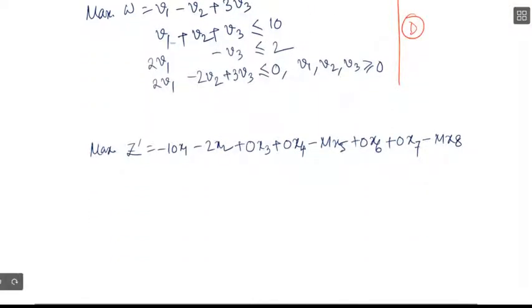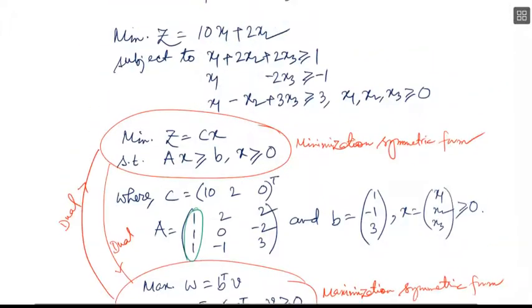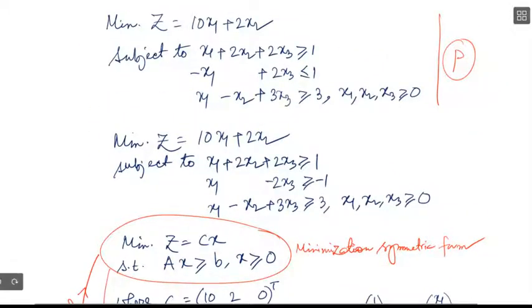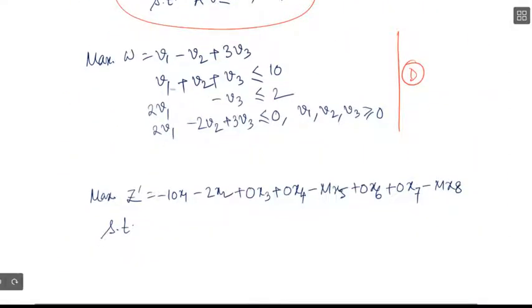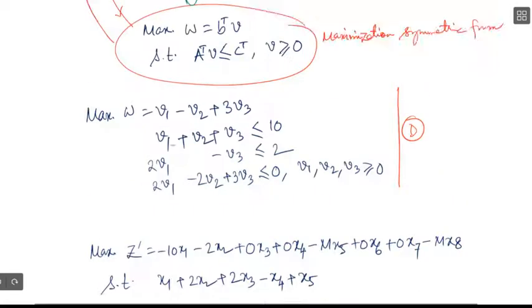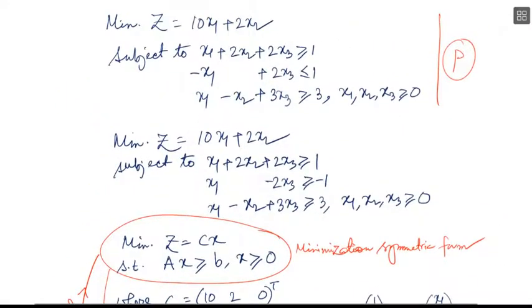Subject to the constraints x1 plus 2x2 plus 2x3 minus x4 plus x5 equal to 1.